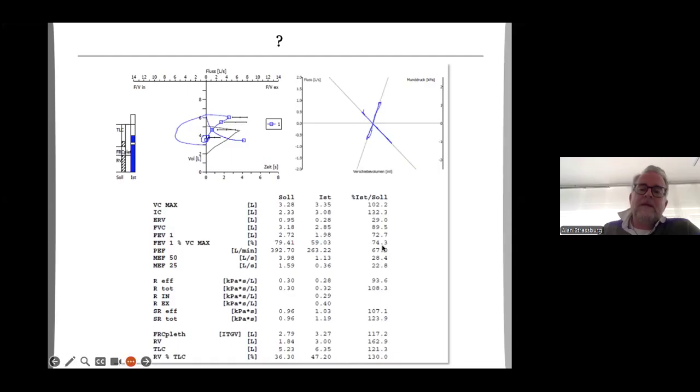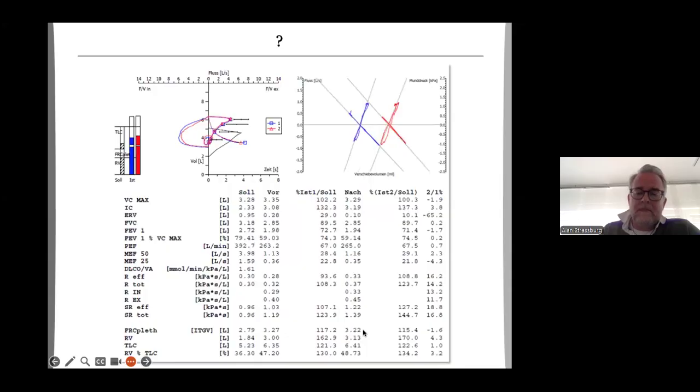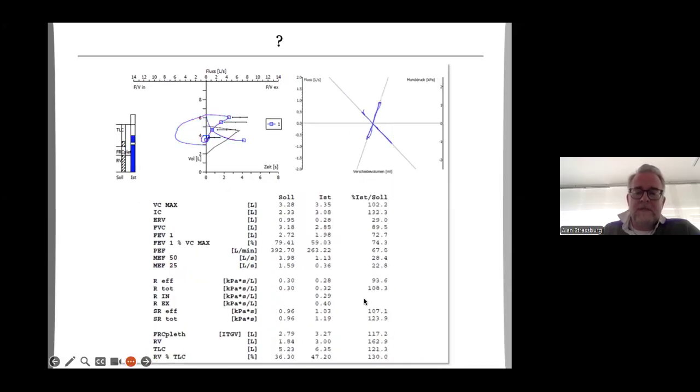And if you then take a look at the total capacity of the lung, we see that the total capacity is even better than it should be. And that is because there's much more air in the lung than in a normal person.